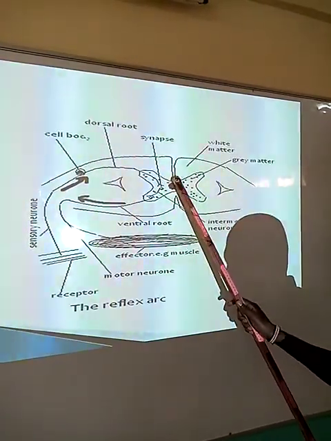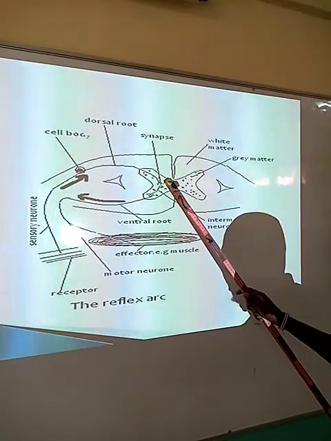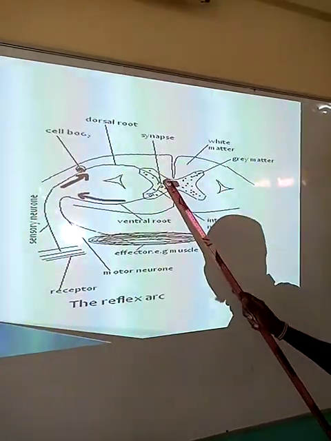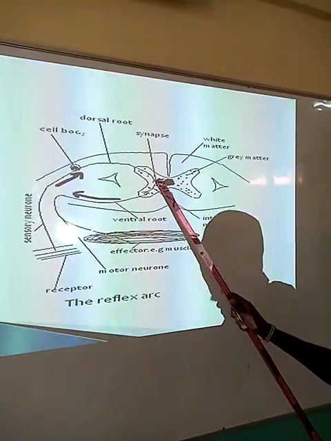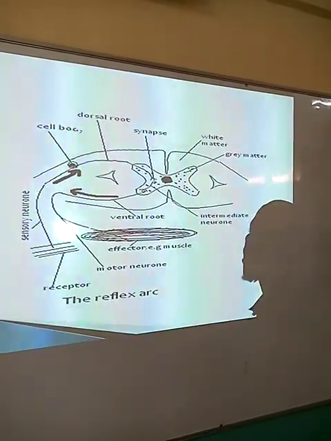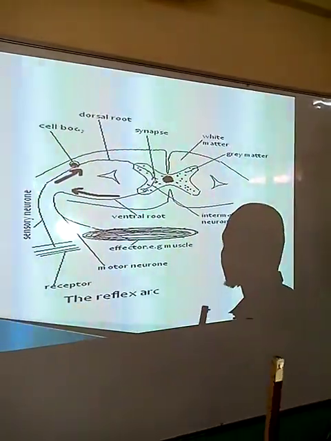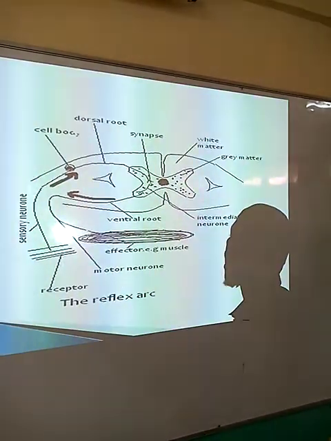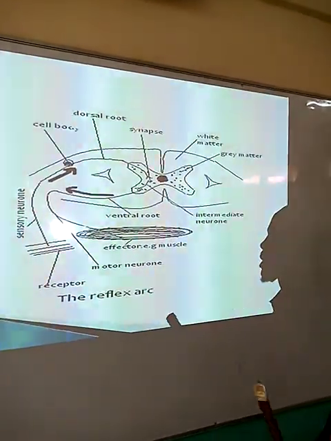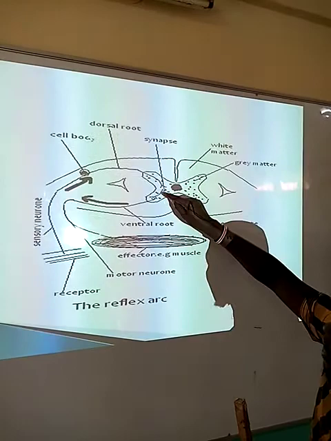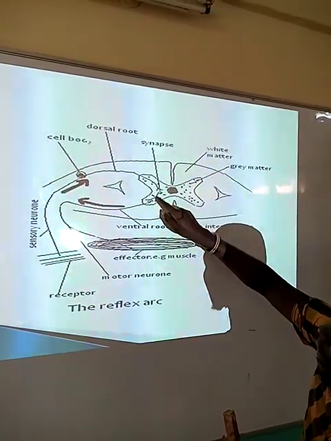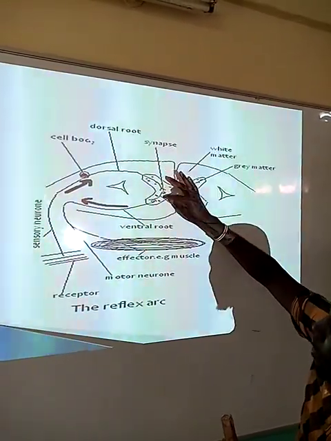The information is going to be passed via a gap here. This gap is what we call a synapse, and by definition a synapse is a junction between the dendrites of two adjacent neurons. You can see that we have a sensory neuron and a relay neuron, and the gap here is what we are calling a synapse.